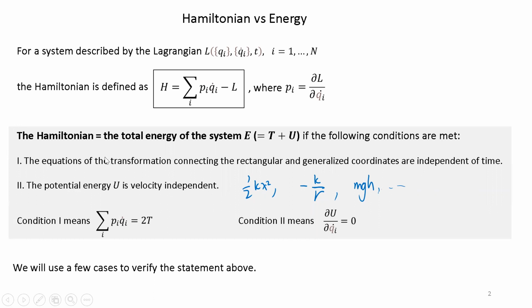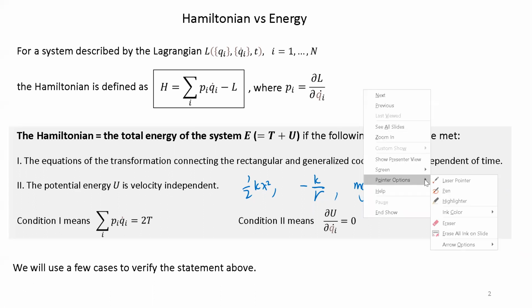What about the first one? The first condition is that the equations of the transformation connecting the rectangular or Cartesian coordinates and the generalized coordinates are independent of time. What does it mean?